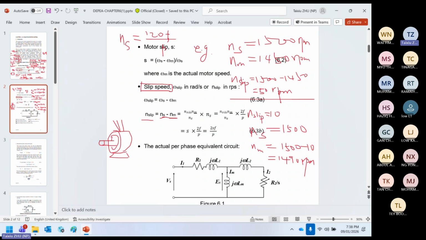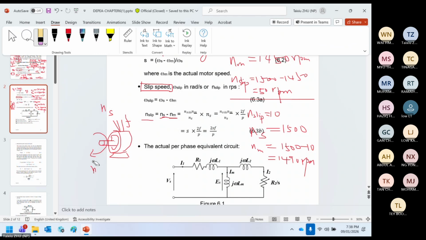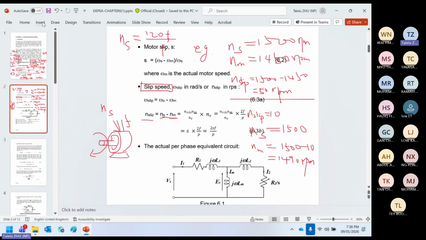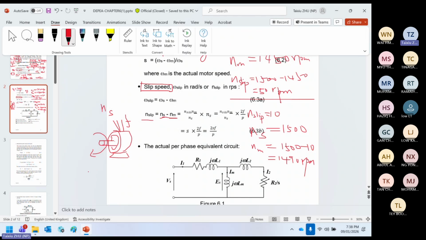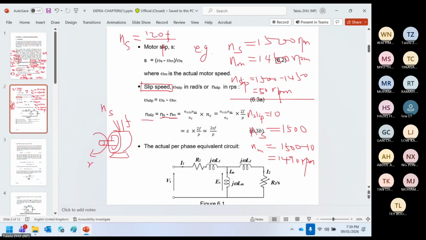You have a synchronous speed from the system frequency, then the motor also turns. That's the motor speed or shaft speed. We call this one NM. Is it clear?